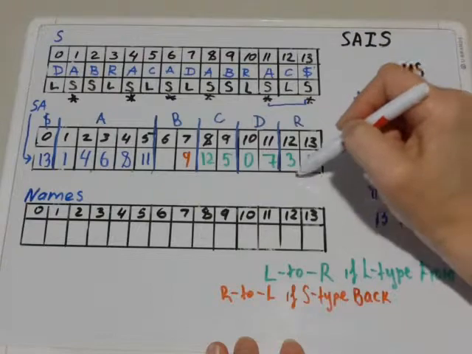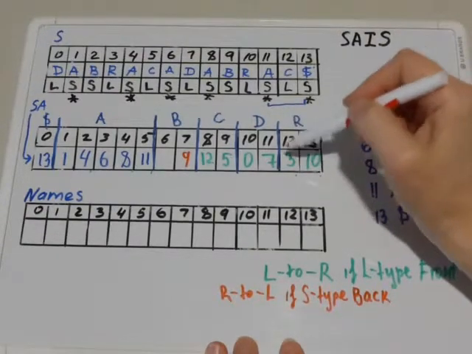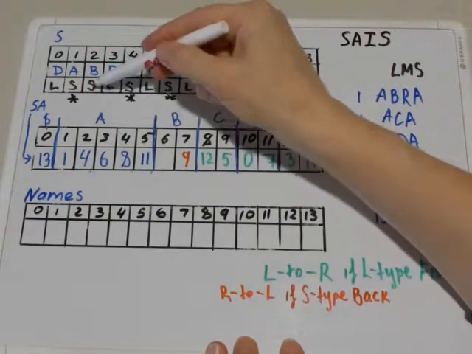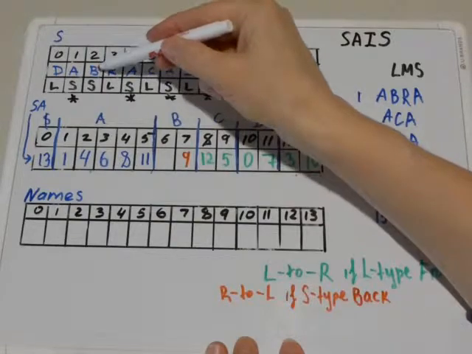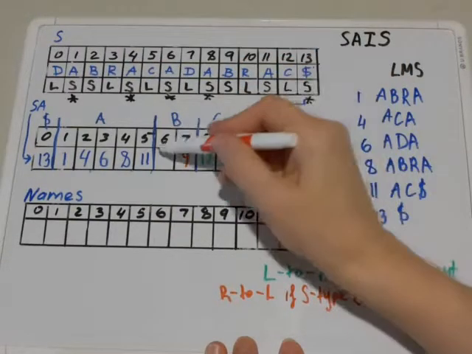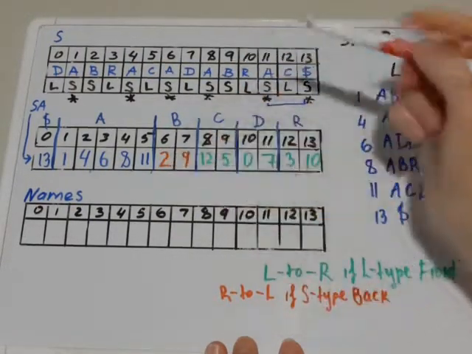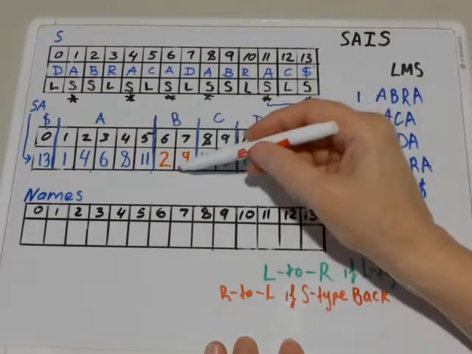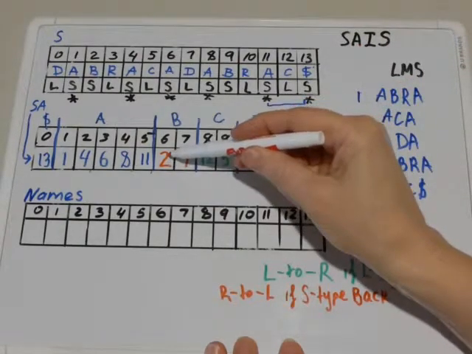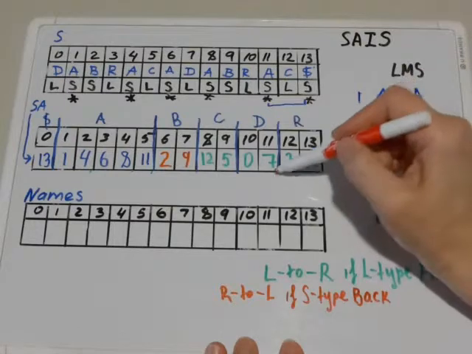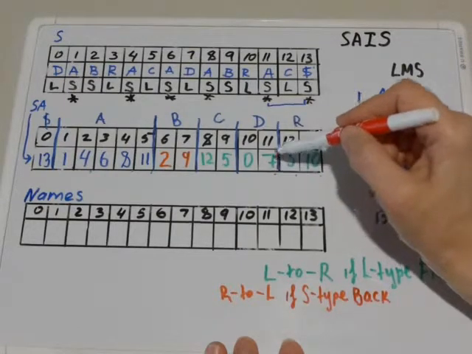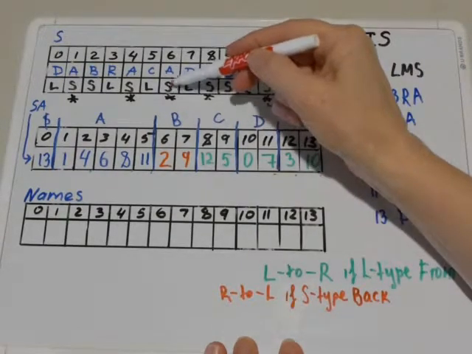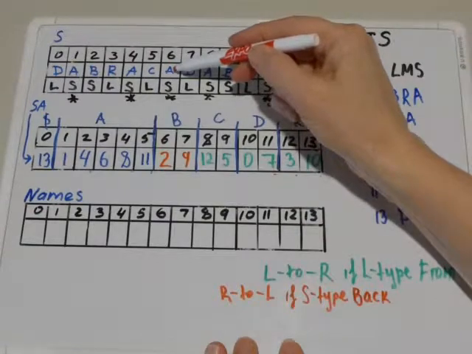Next position is 3. 3 minus 1 is 2. 2 is S type. 2 goes into the B bucket, at the back of the B bucket. The next back available spot is here. 7 minus 1 is 6, S type, goes into the A bucket, at the back of the A bucket.